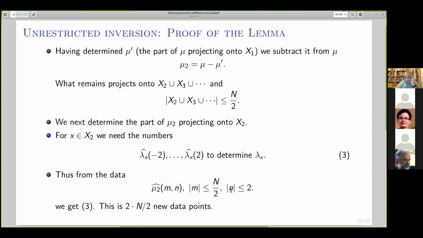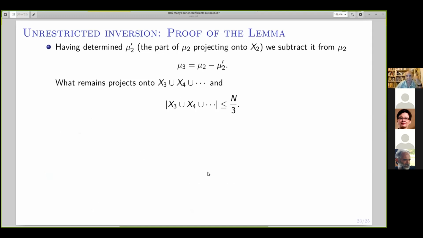Whatever corresponds to little n from -1 to 1, we already have at our disposal from the previous step. So we only need to add those Fourier coefficients which are for n equal to -2 or +2. How many are they? n over 2 for one and n over 2 for the other. That's twice n over 2. So we also determined X2, which is the part of the measure projection containing 2 points in every lambda, at the extra cost of n over 2 times 2.